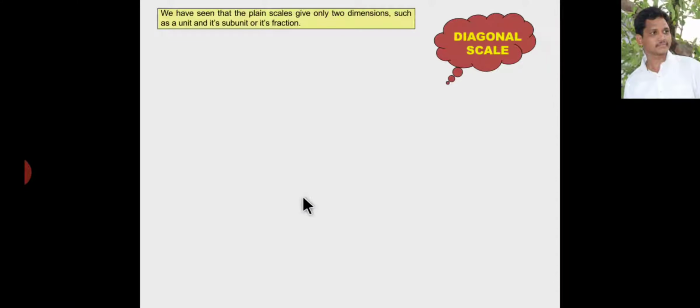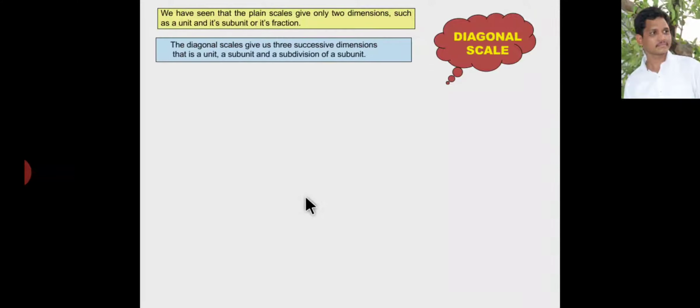We have seen that plane scales give only two dimensions, such as a unit and its subunit, whereas diagonal scales give us three successive dimensions, that is a unit, a subunit, and a subdivision of the subunit.